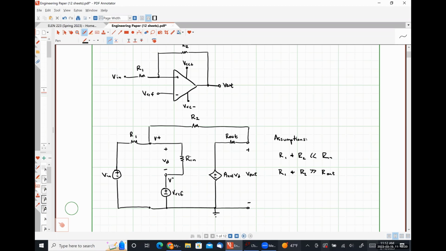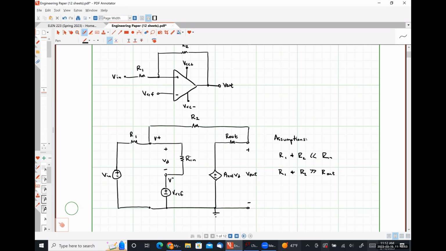We have our input voltage connected to some resistor Rn. And then we have this node here where our resistor R2 is connected to resistor R1. This is forming our feedback network. But then we also have this branching path right here through our input resistor. Okay. So if R1 and R2 are much smaller than Rn, what did we observe in class on Monday?